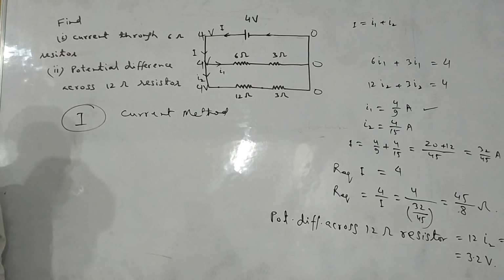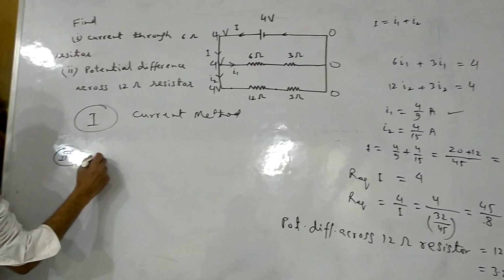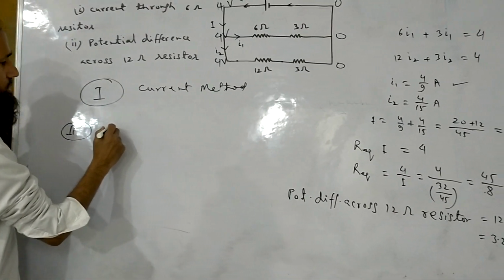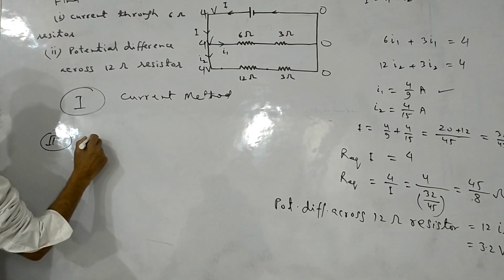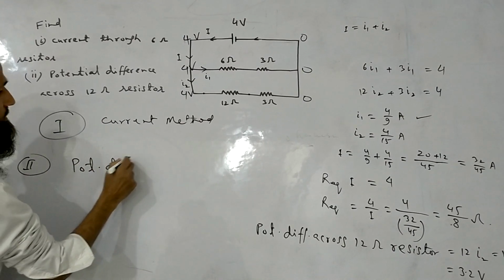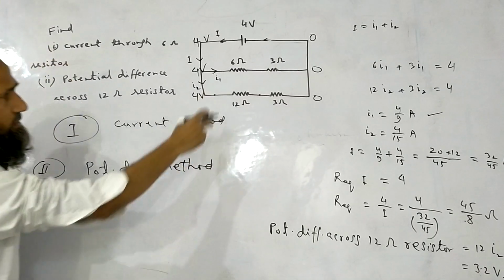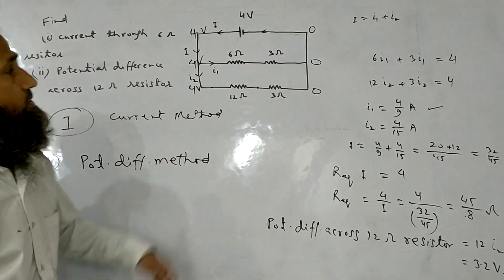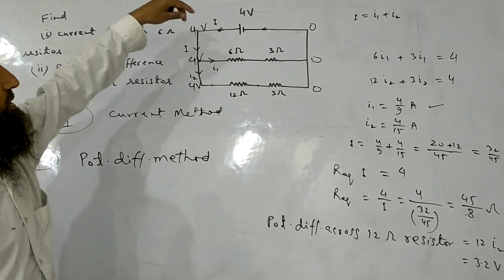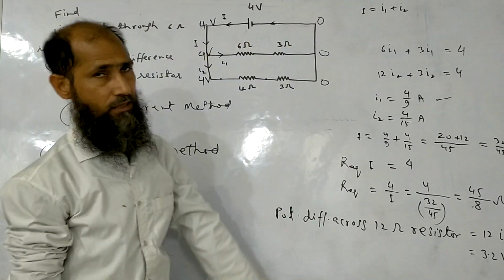Now let us discuss another method, that is the second one, the potential difference method or voltage method. In the first method we considered current I, and we distributed it in two parts, I1 and I2, and then we solved like this. That is quite easy.